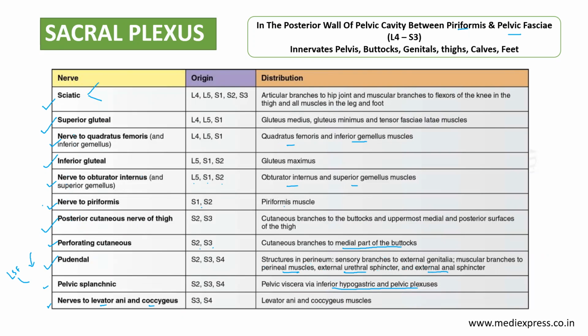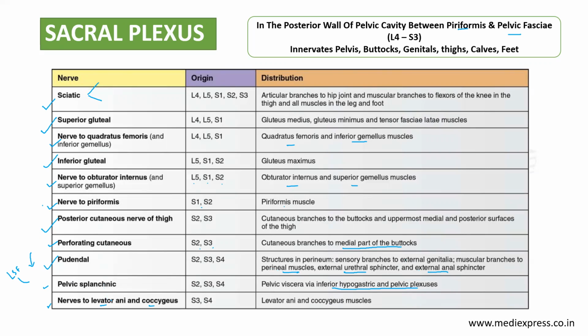And the other nerves are nerve to quadratus femoris, which supplies the quadratus femoris, nerve to piriformis, which supplies the piriformis, perforating cutaneous, which supplies the skin over the medial part of the buttocks, then the pelvic splanchnic nerve, which gives off branches to the inferior hypogastric and pelvic plexus, which innervates the pelvic viscera.